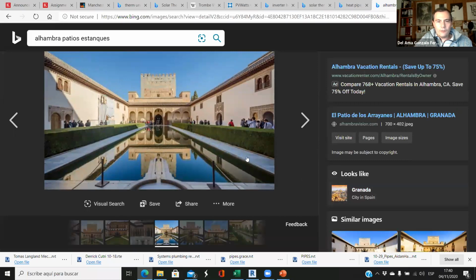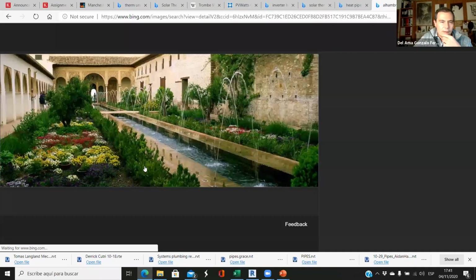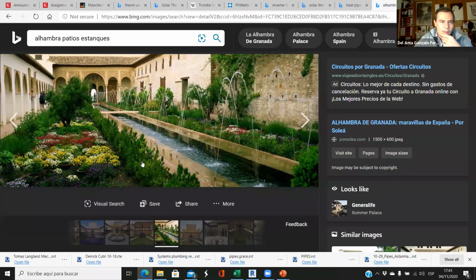You don't use titanium for the facades, but it works and it's beautiful. So we have to learn from this local architecture, because by using fountains and plants, you cool down the air with these kinds of strategies.